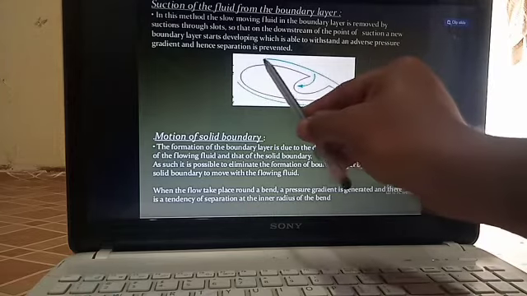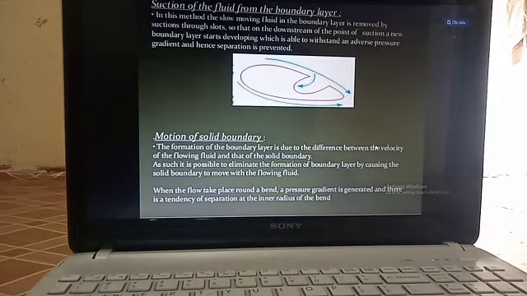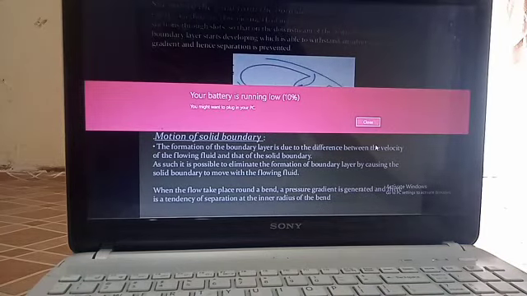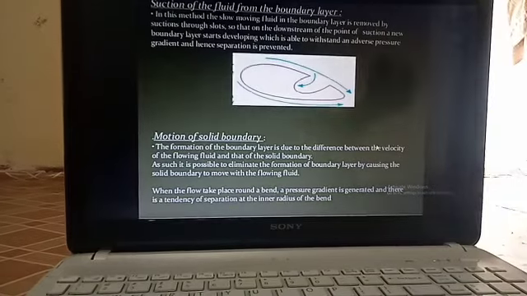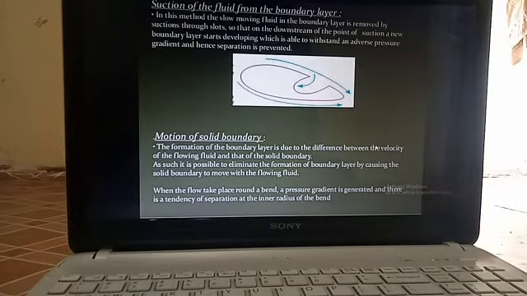These slow moving fluid particles are removed by suction through slots, so that on the downstream of the point of suction a new boundary layer starts developing, which is able to withstand an adverse pressure gradient, and hence separation is prevented.